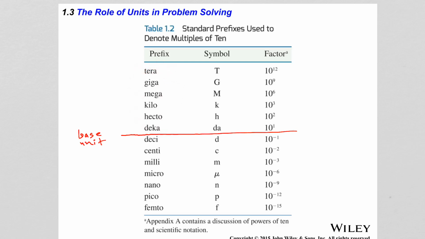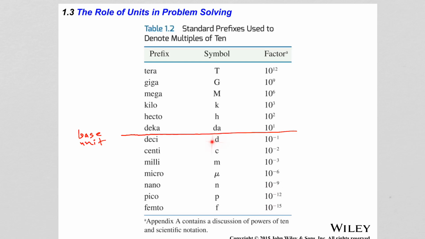So the higher you go in vertical direction here, the larger the prefix, corresponding to a bigger power of 10. Now I can go in the opposite direction and multiply by negative powers of 10, which then decreases the denomination.